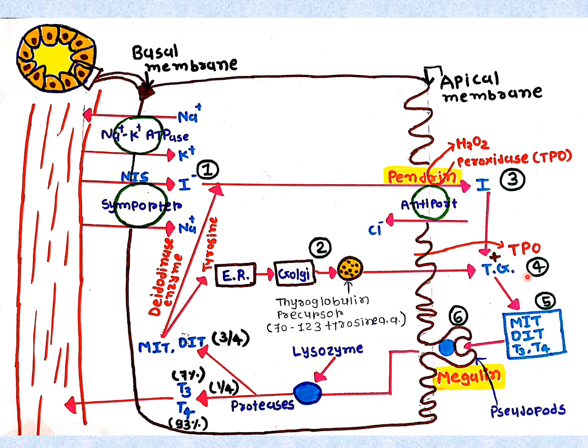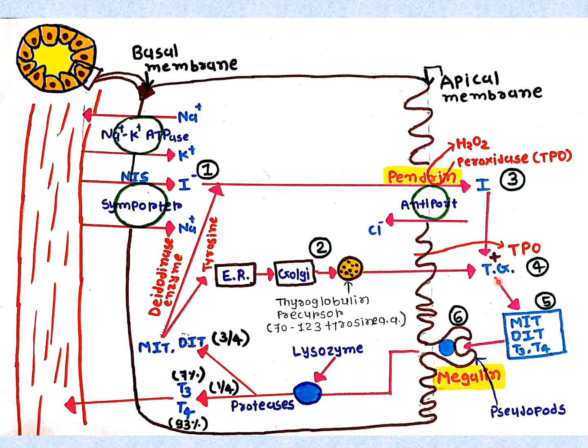Basically this thyroglobulin is released near or at the same site of the apical membrane where the oxidized iodide, or iodine, is. But the problem is that oxidized iodide or iodine binds with the tyrosine amino acid of the thyroglobulin very slowly.